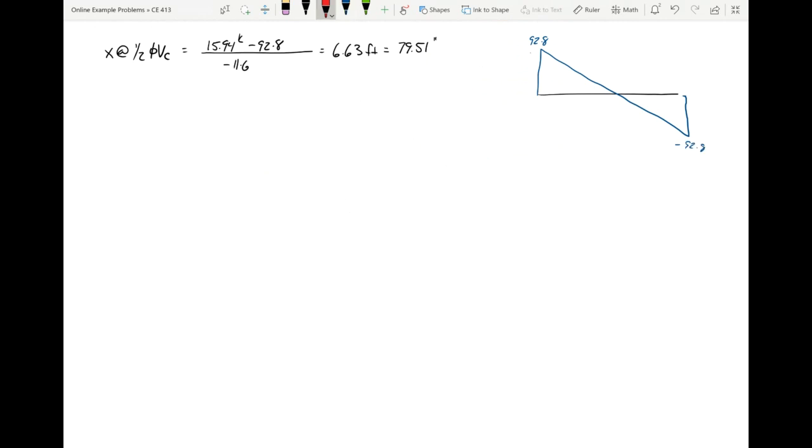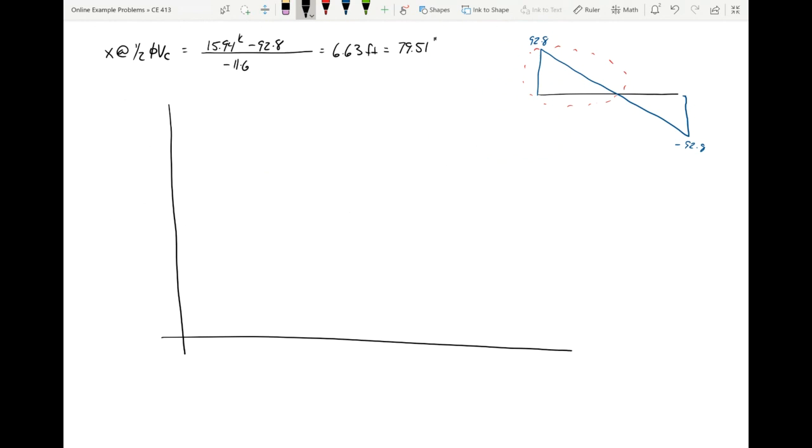All I'm going to do is magnify that first region, the region on one side of the span, and identify all the values that I previously plotted. I'm just going to take that and plot it a little bit bigger. So this is x in inches. This is shear in kips.